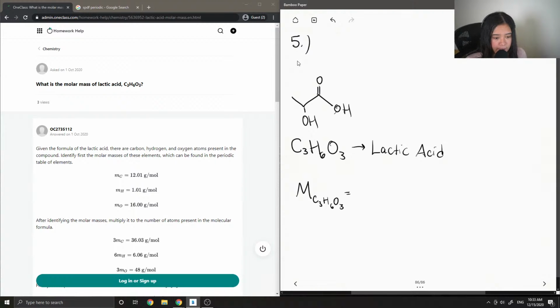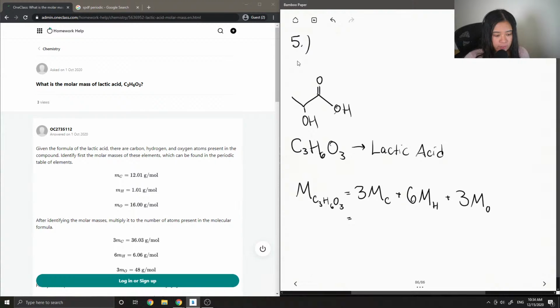To calculate the molar mass of lactic acid, it will just be 3 times the molar mass of carbon, since there are 3 atoms of carbon in lactic acid. We're going to add this to 6 times the molar mass of hydrogen, plus 3 times the molar mass of oxygen.